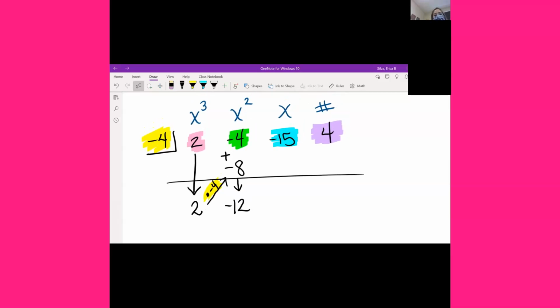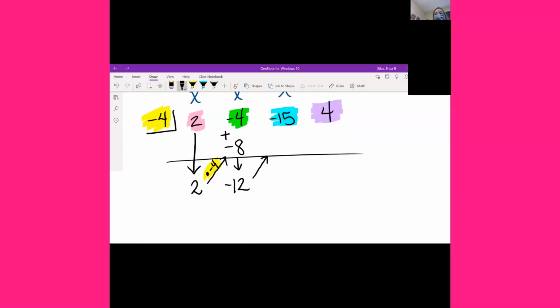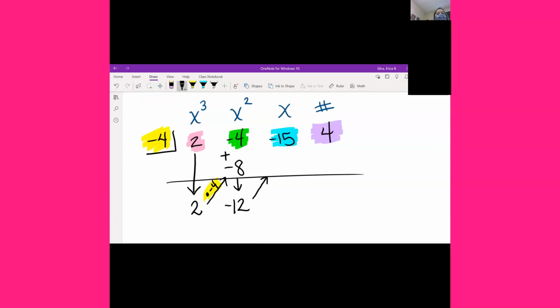And then what do we do to that -12? Multiply it by what? -4. And -12 times -4 is +48. And then we add them. -15 plus 48, +33.